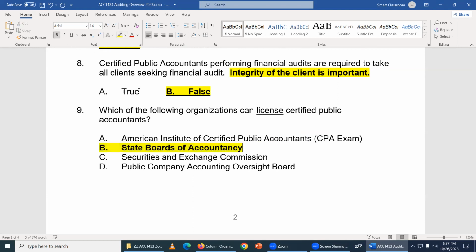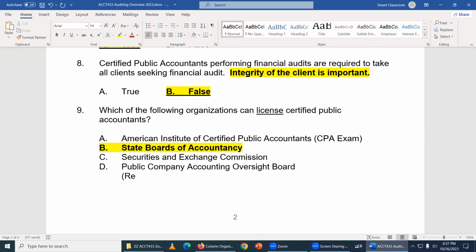I was thinking about the Securities and Exchange Commission. The Securities and Exchange Commission and the Public Company Accounting Oversight Board kind of go together. They don't actually issue the license, but they register CPA firms to audit publicly traded companies.